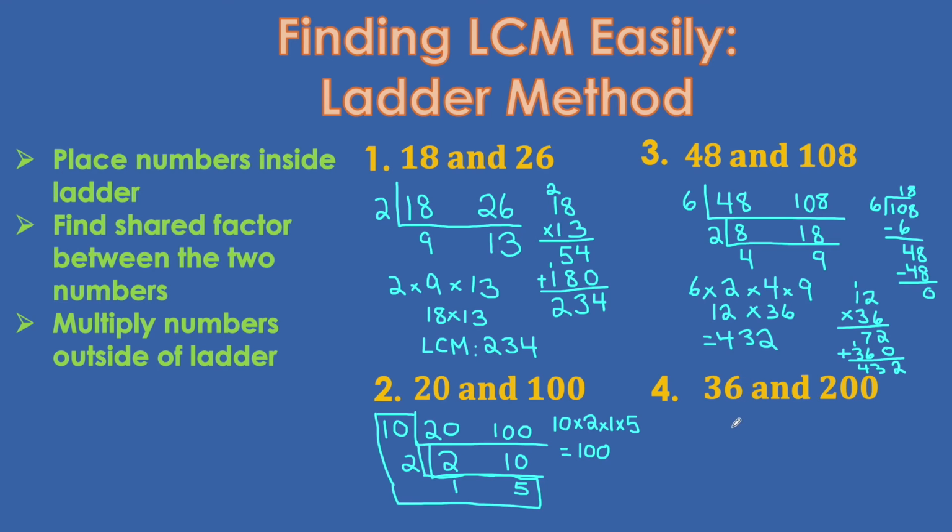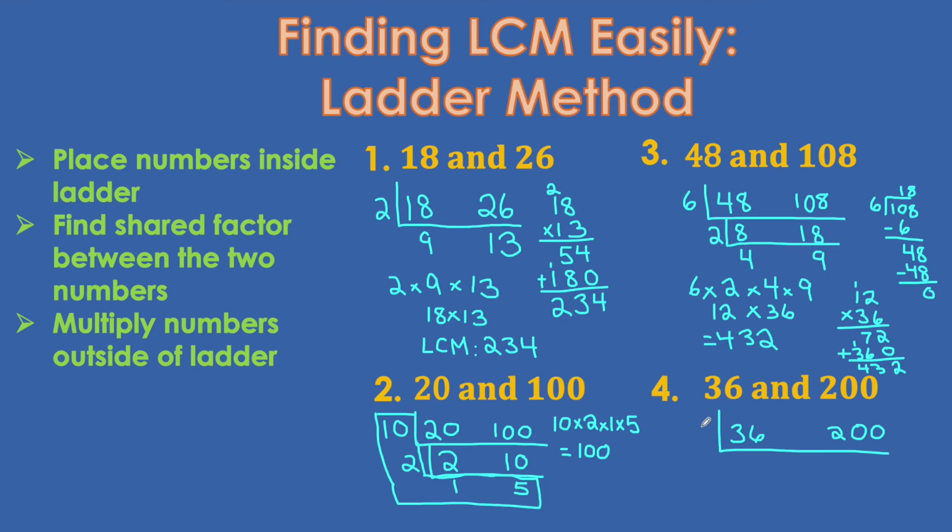Looking at the very last example, finding the LCM between 36 and 200. We're going to write the numbers down. 36, 200. Draw our ladder.